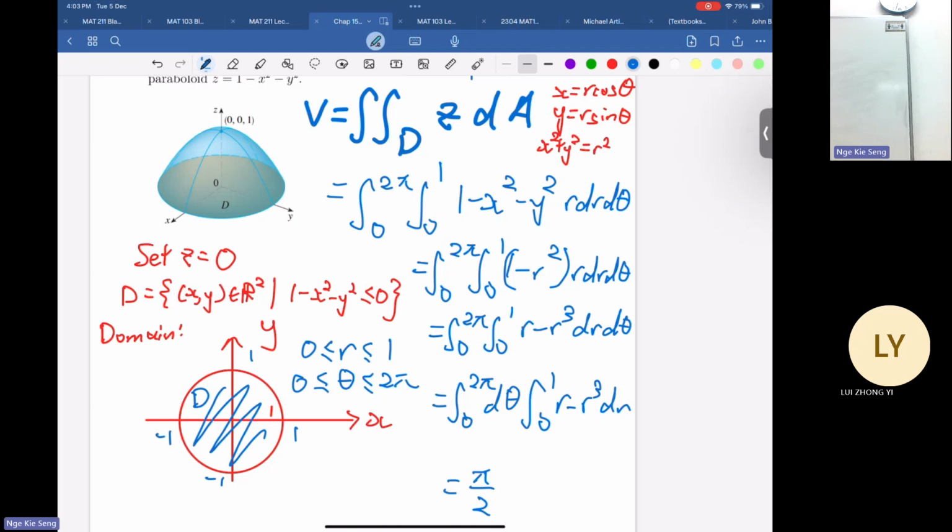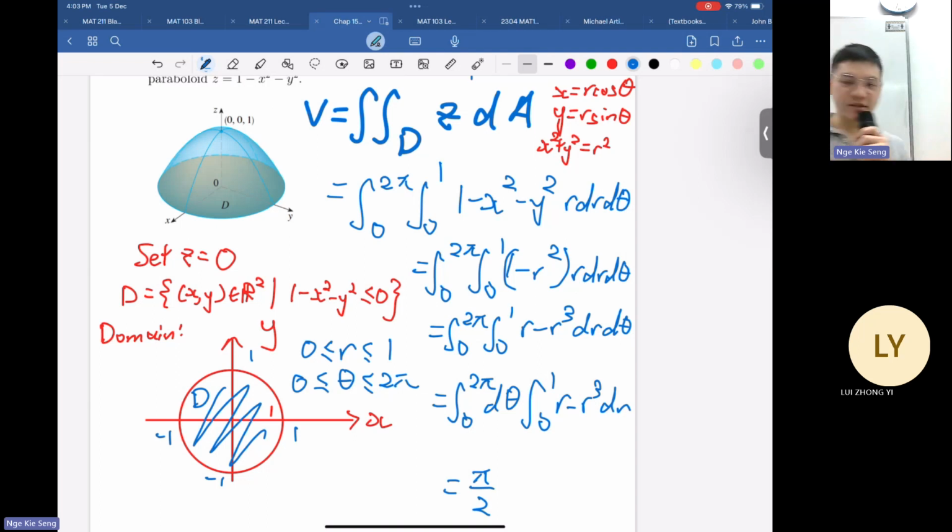Instead of going from 0 to 2 pi, go from 0 to pi over 2. You should get pi over 8. So I'll get 2 solutions from you, one from Chenjet, one from Ethan.